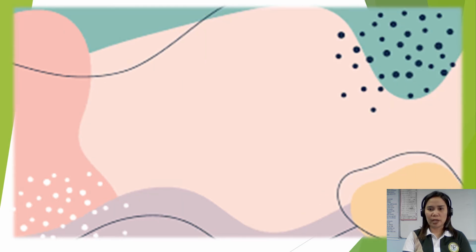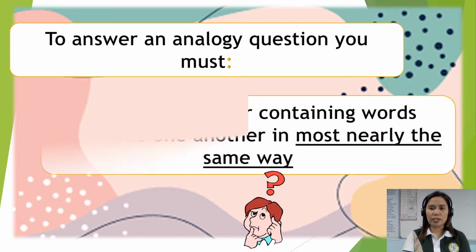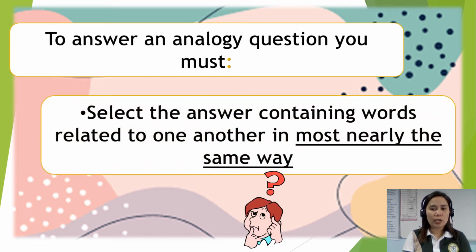Alright, so next. To answer an analogy question, you must first select the answer containing the words related to one another in most nearly the same way. And of course, you must be able to recognize the relationship between the words in the given pair.